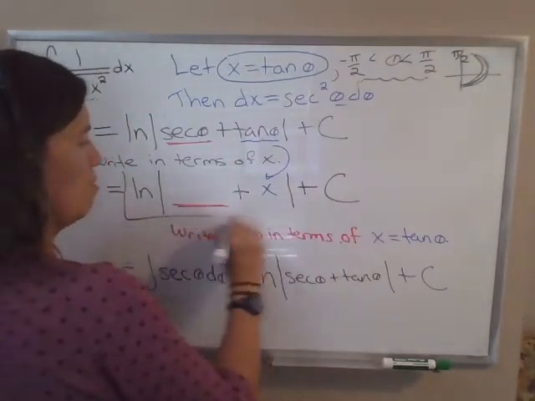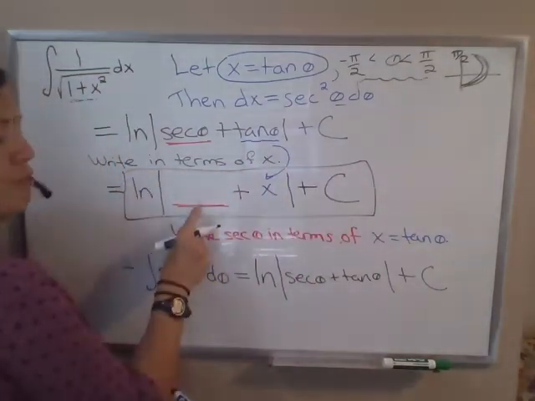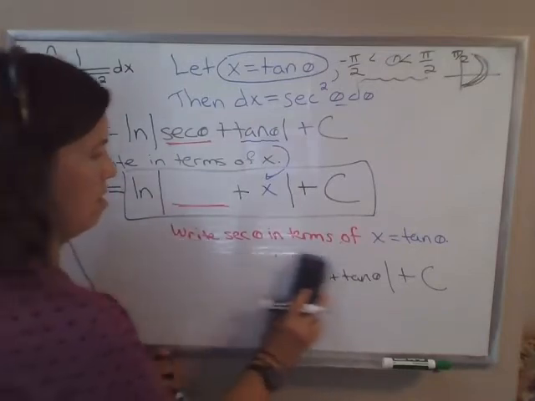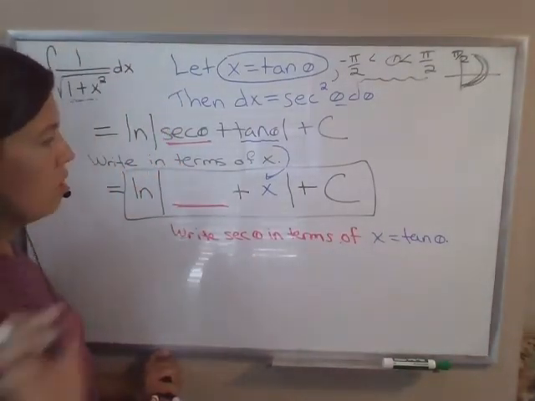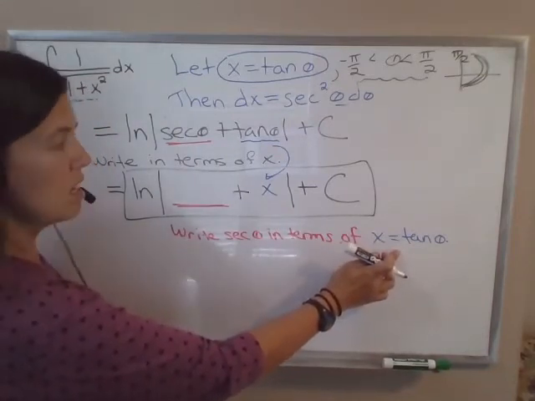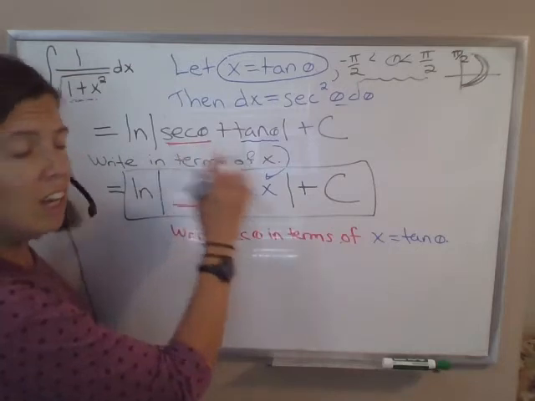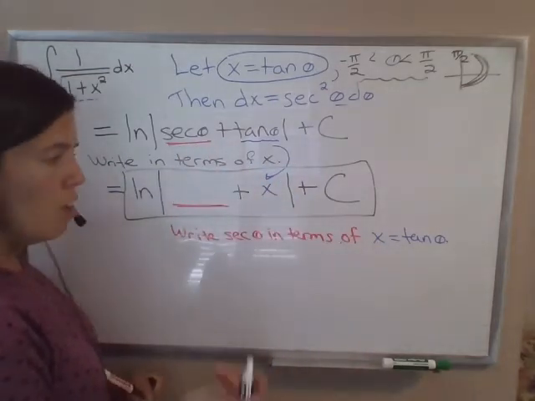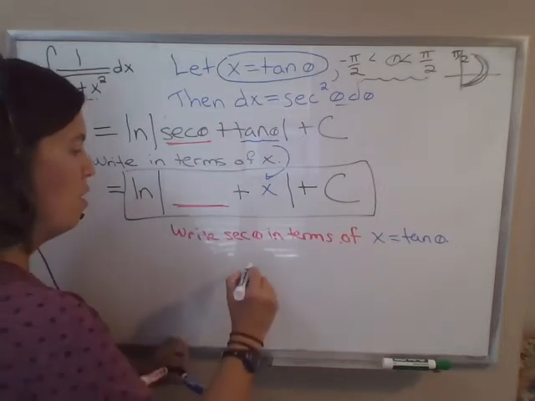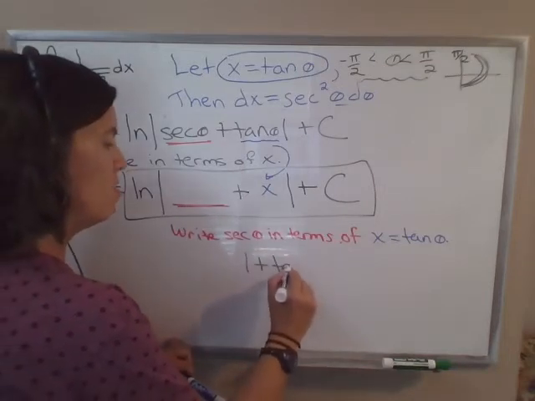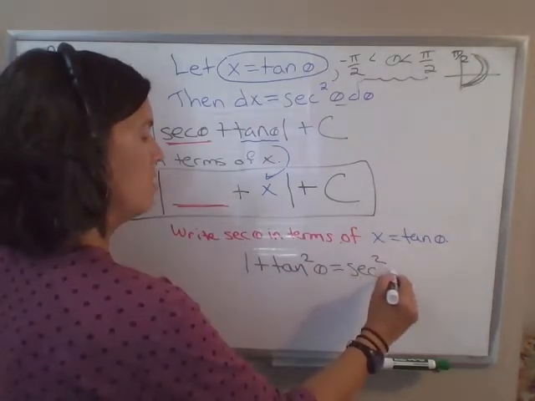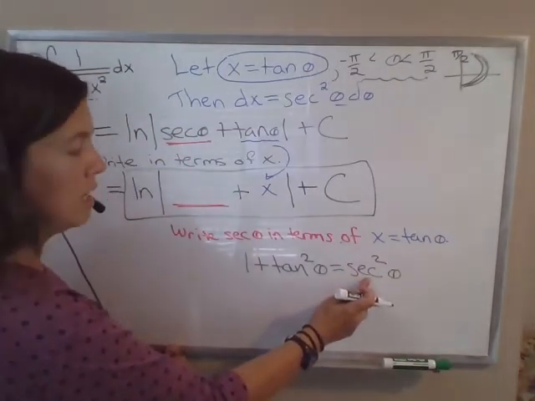So this is going to be our final answer as soon as we can fill in this blank. In this case, we know that x is tangent theta. We want an expression for secant theta. There's a trig identity that relates those, so I would just use that. I would use the fact that 1 plus tangent squared theta is equal to secant squared theta, because we're looking for an expression for secant.